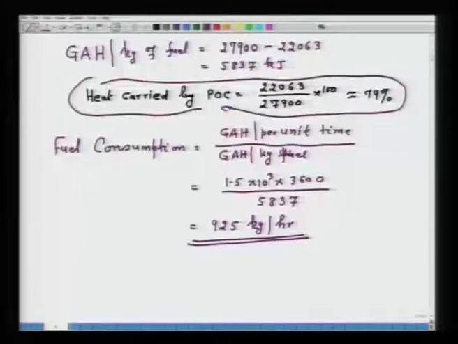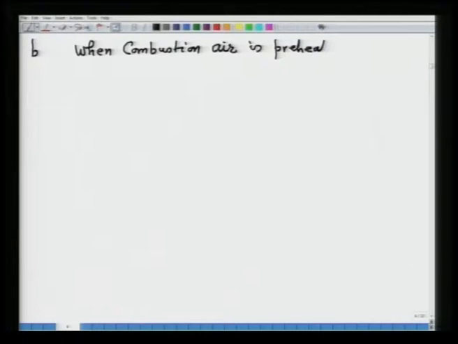This is what I am going to illustrate by the same problem I am continuing and putting as the part B. What I am telling, let us say when combustion air is preheated, now important is with heat recovered from flue gases.